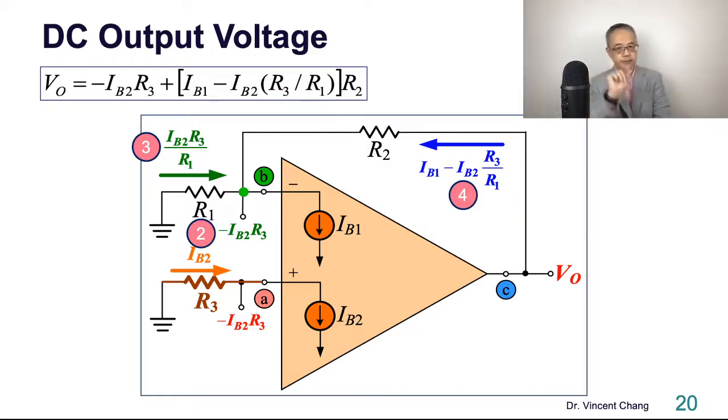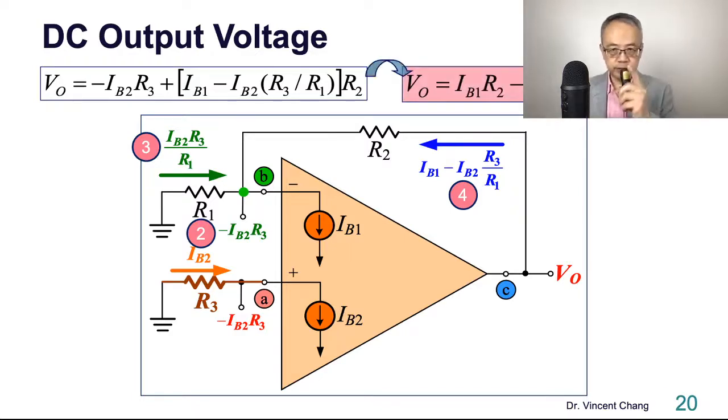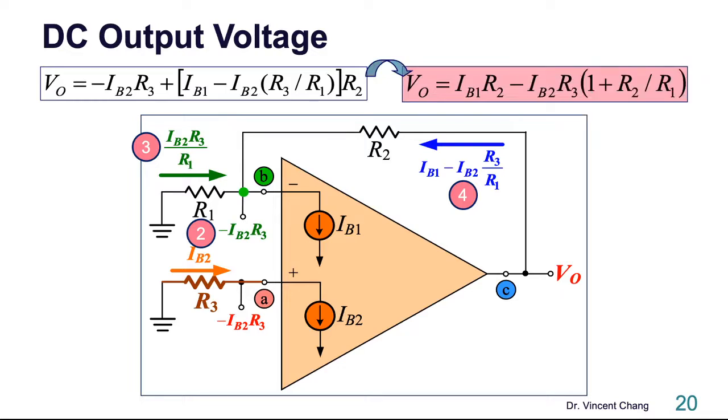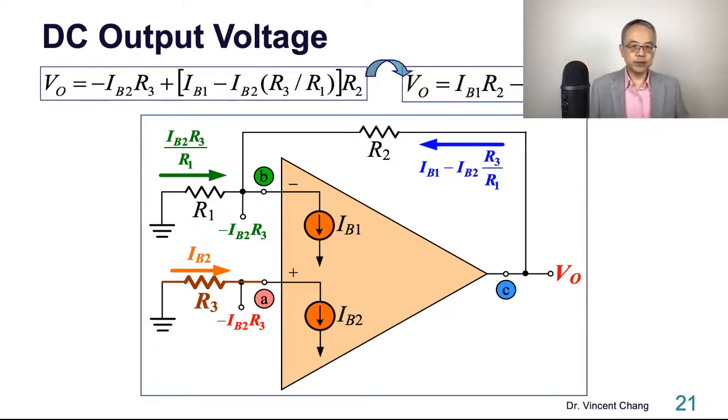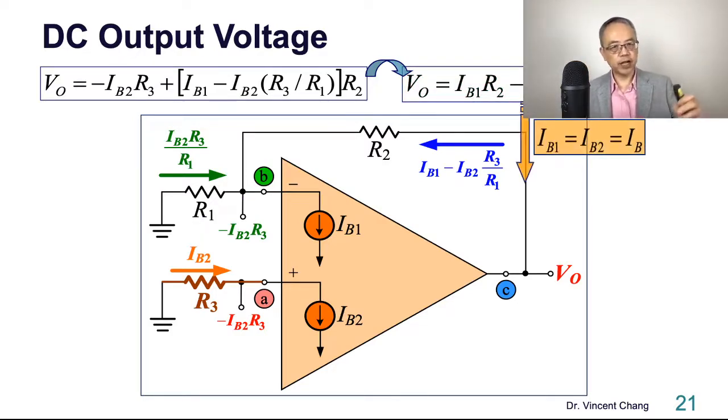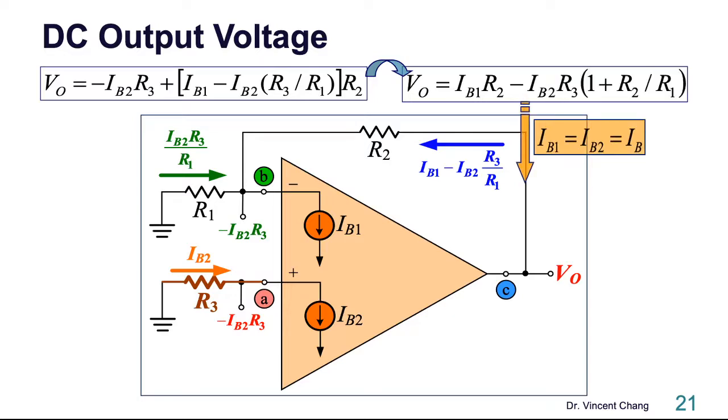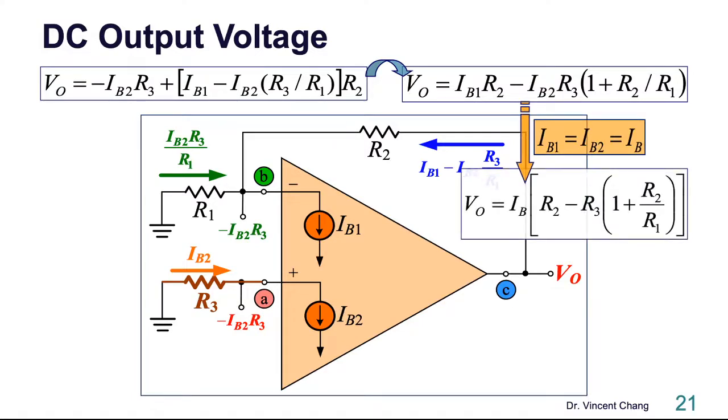Very clear. Now you see this. Assuming the two currents are equal, you will see this, to express the output offset voltage.